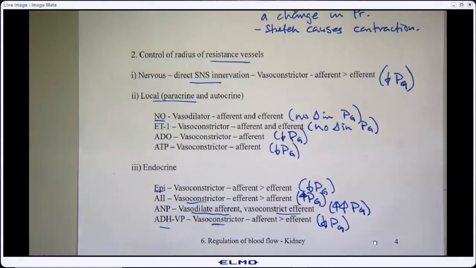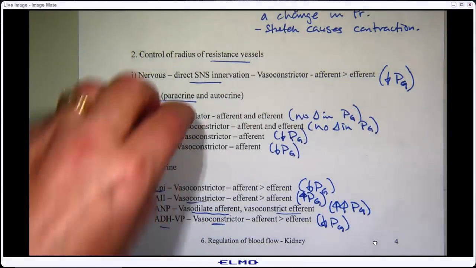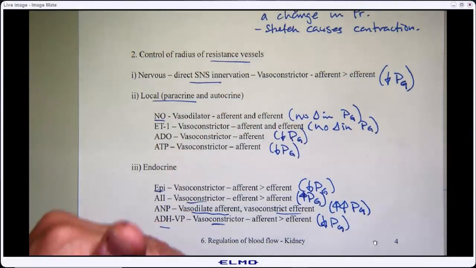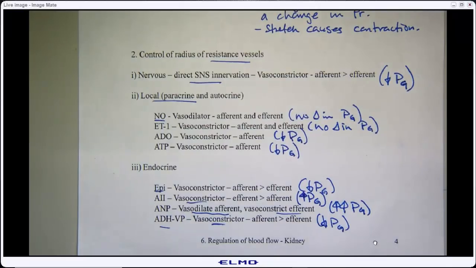So even just from that kind of cursory look, we can see what tools the body is probably going to use to change fluid flux when we have a blood volume problem. Because when we have a blood volume problem, we have a blood pressure problem, right? Mean arterial pressure. That's a problem, and we can help with it by changing volume. We can already probably start to guess what players we're going to bring in to help us with that problem.